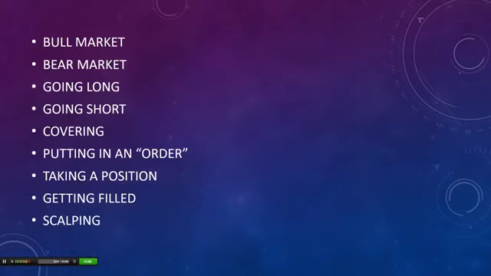And finally, the last term for this part 1 series of penny stock trading jargon is scalping. Now, scalping is almost a trading strategy. It's a type of trading style where all you're trying to do is make a few cents a share, doing very fast trading, just trying to get a little bit of profit.